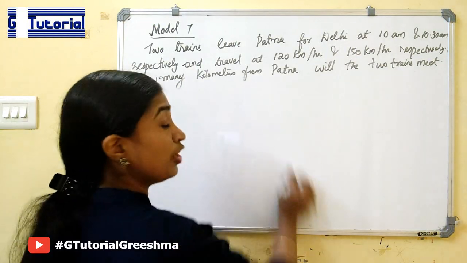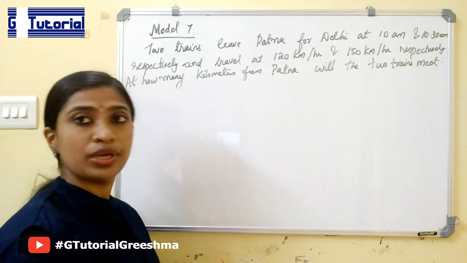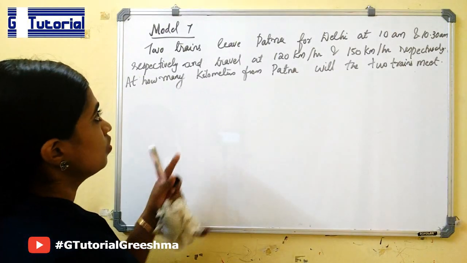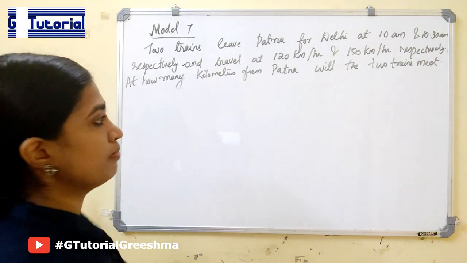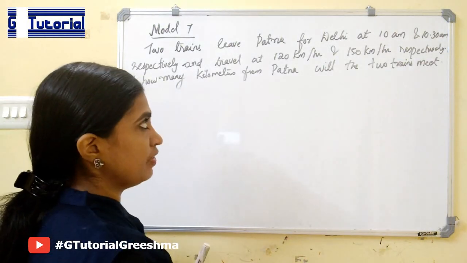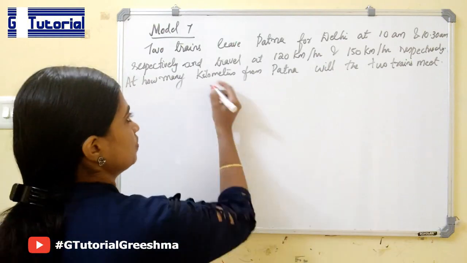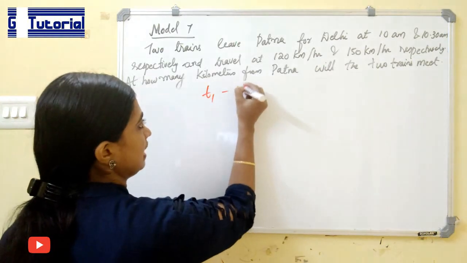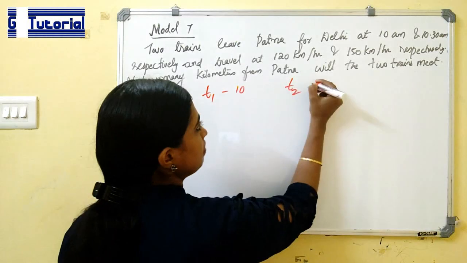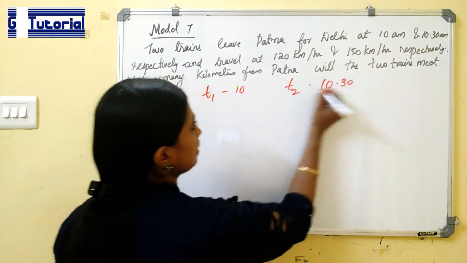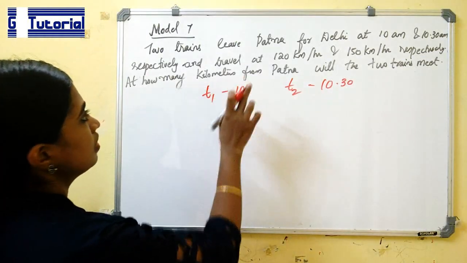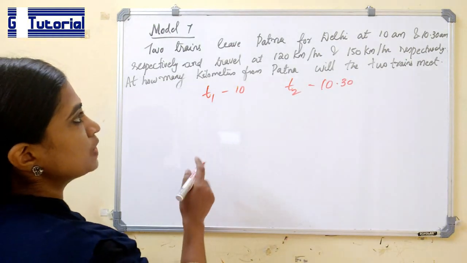You can follow any of the three methods which you find easy. So here we are given two times. Let the first time be T1, the second time be T2. T1 is the first time, that is 10 am, and T2 is the second time, 10:30 am. Then two speeds are given.